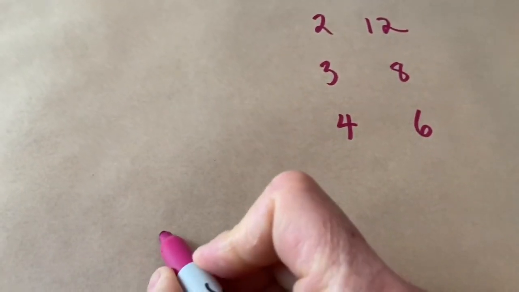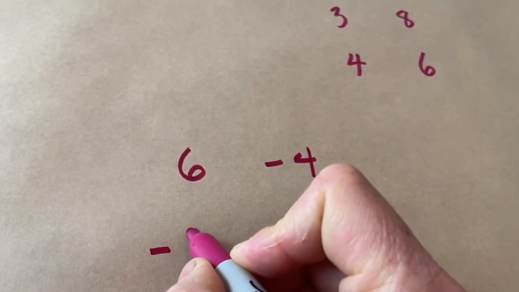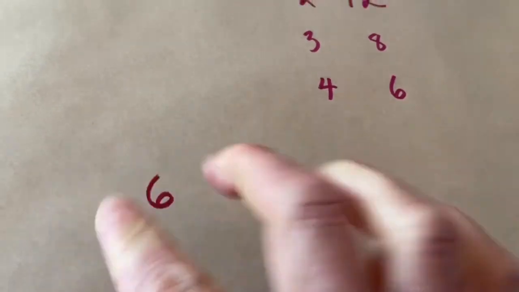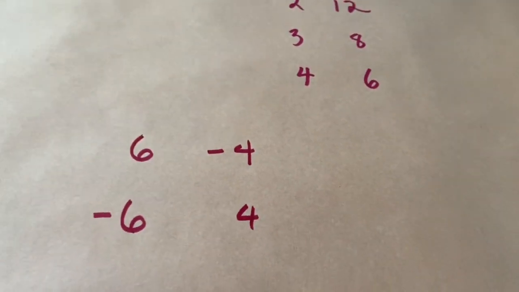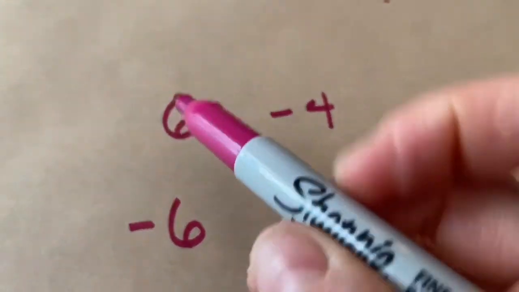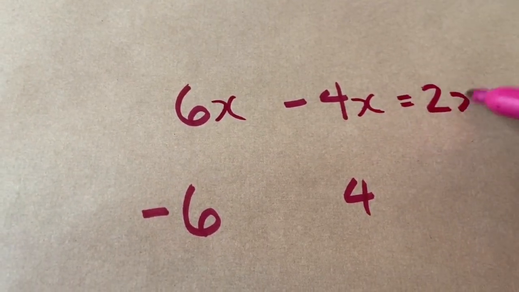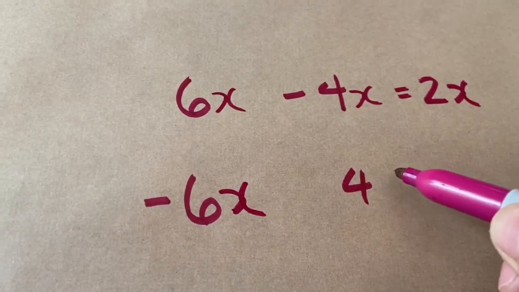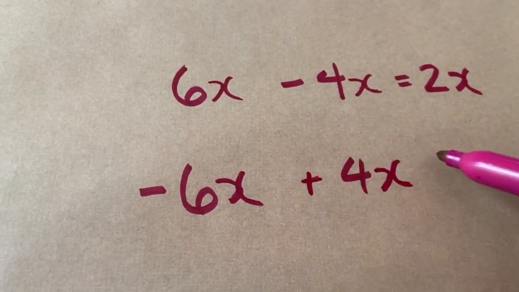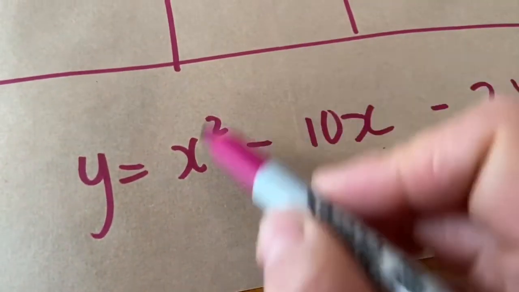But the problem is it needs to be 6 and minus 4 or minus 6 and 4, because one of them needs to be positive and one negative. If I have 6x and minus 4x, that gives me 2x. If I have negative 6x and 4x, that gives me negative 2x. So that's not going to give me my negative 10x.